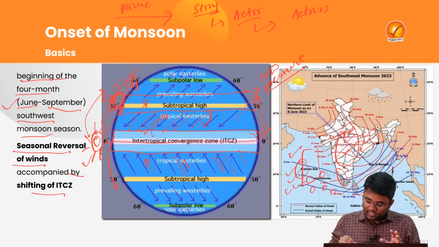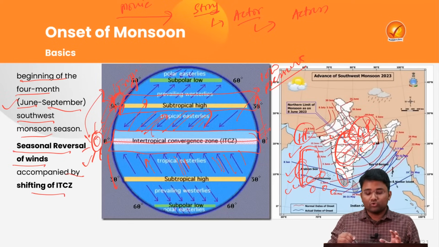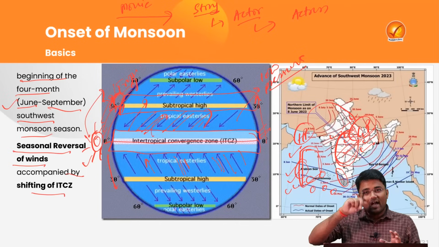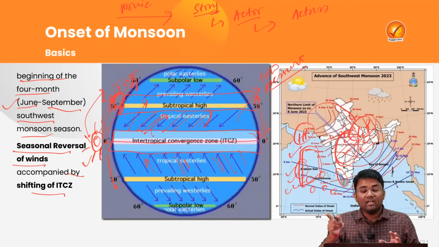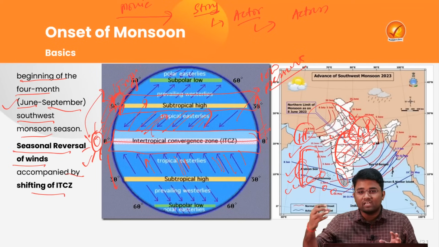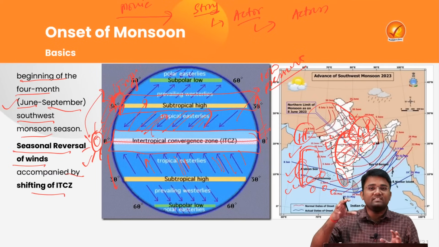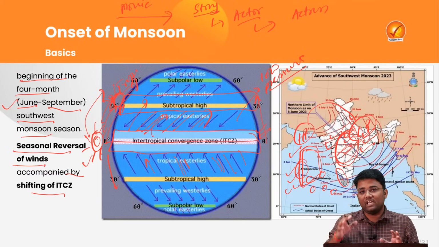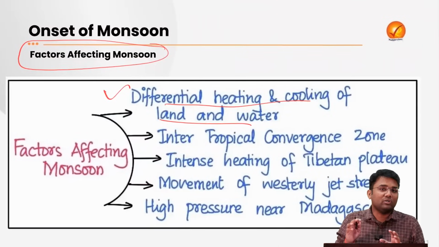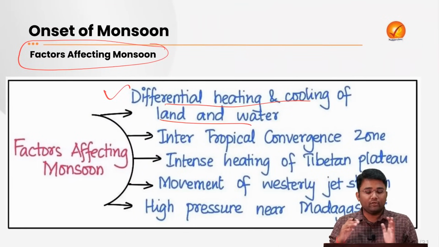So in the water areas there is high pressure, whereas in the land areas there is low pressure. The winds will move from the high pressure area to the low pressure area, but the wind will not go alone, it will also contain moisture, and when these moisture laden winds come towards the land area, condensation and precipitation will happen. So the first reason for the onset of monsoon is the differential heating and cooling of the land and water.